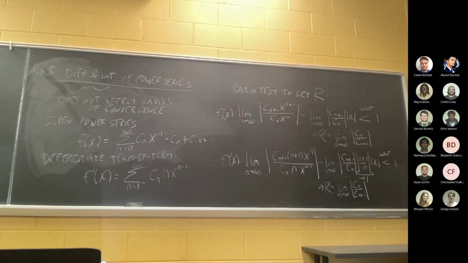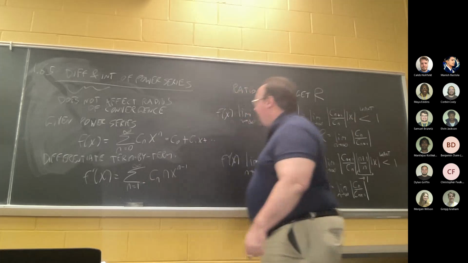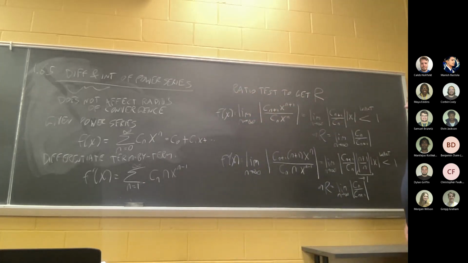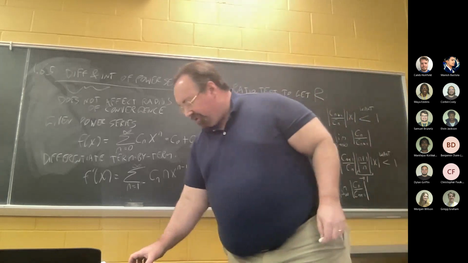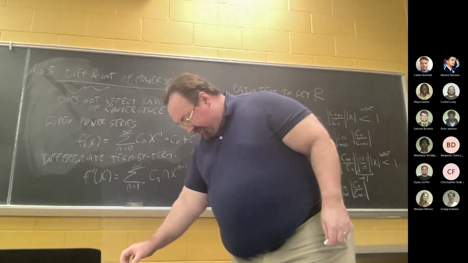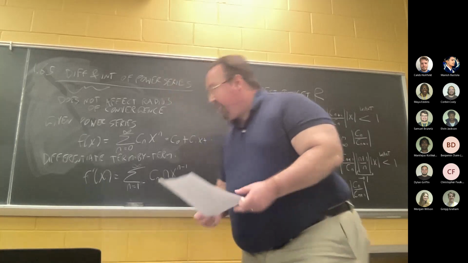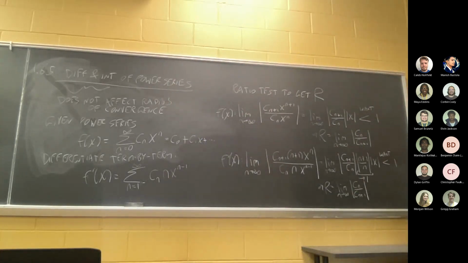And if I were to go the other way, where I start with this series and then take the antiderivative term by term and apply the ratio test above, I'd have a similar situation where I have the same limit as up here, but times some other factor that's also going to 1. So when you take a term by term derivative or integral, it doesn't change the radius of convergence. Any questions about what happened here?